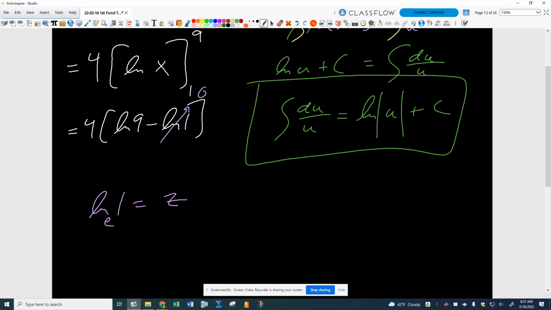What about log 9? I mean, we can't come up with an exact value of that, but could we simplify it a little bit? Being as 9 is a perfect square. We always like to write logs in terms of the smallest log possible. So it'd be the log of 3 squared. What's the log of 3 squared?